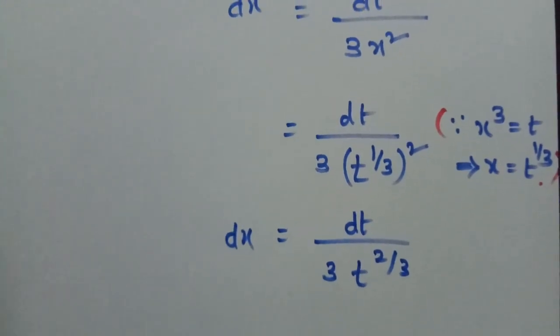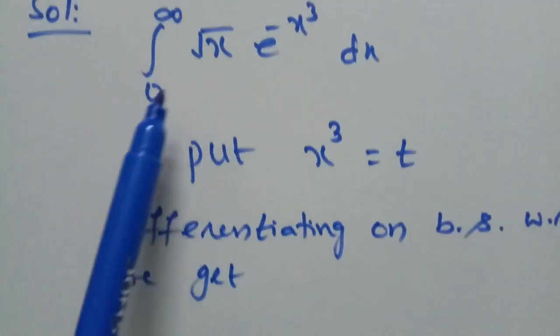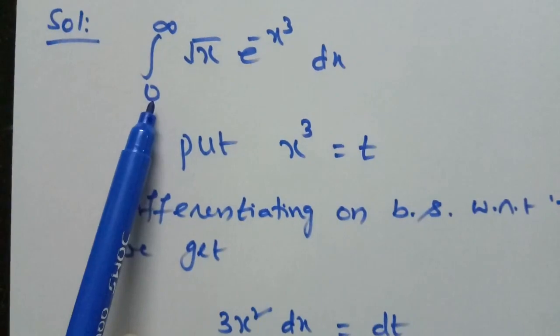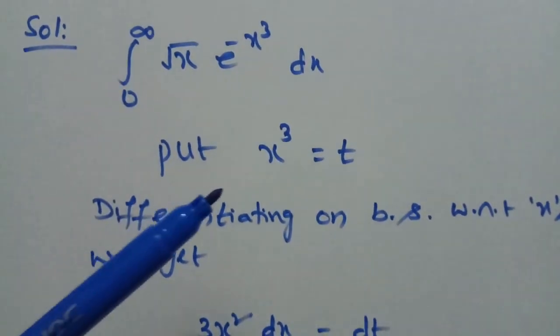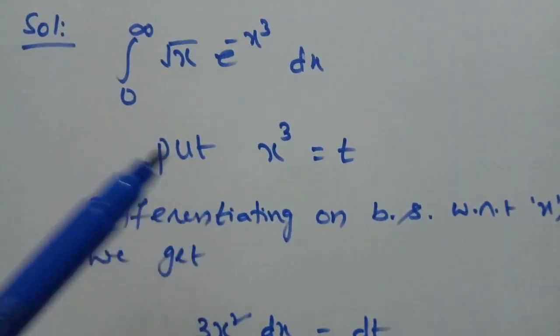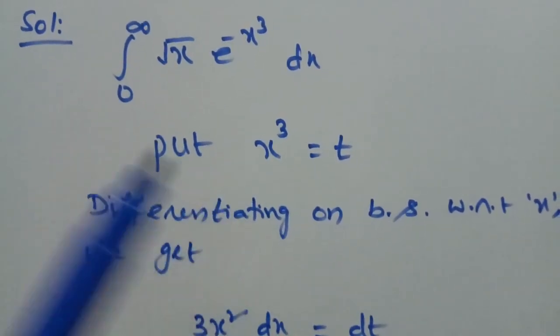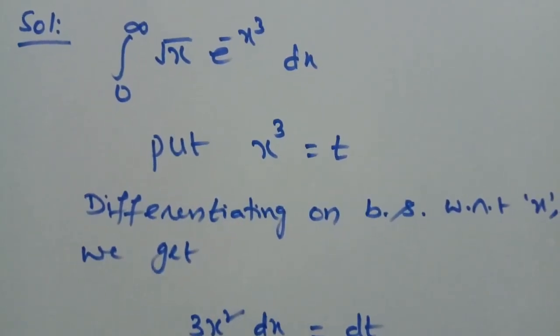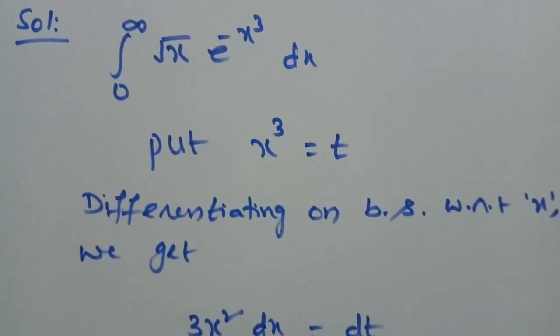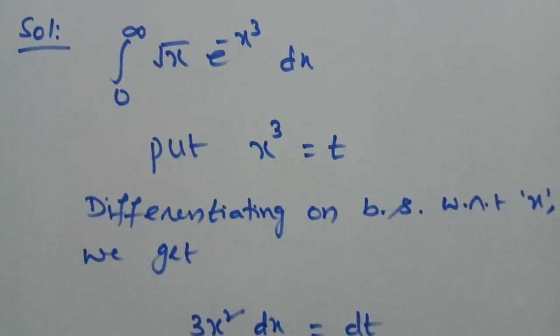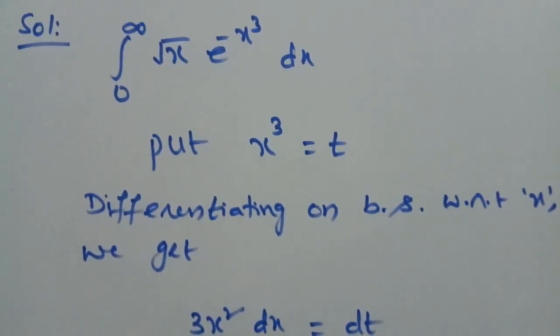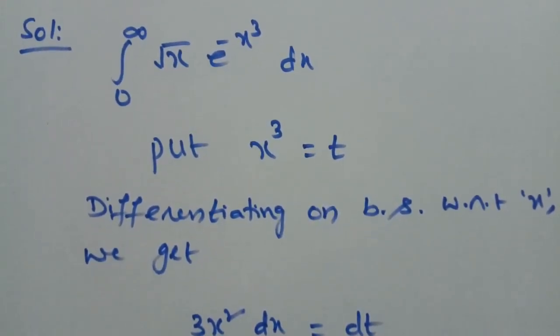Now the limits of x: lower limit is 0, upper limit is infinity. Now we are changing the variable, transferring from x to t. So how will the limits change? x cube is equal to t. Find the limits. When x equal to 0, what is the limit for t?